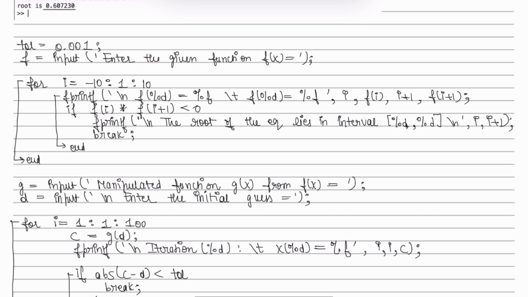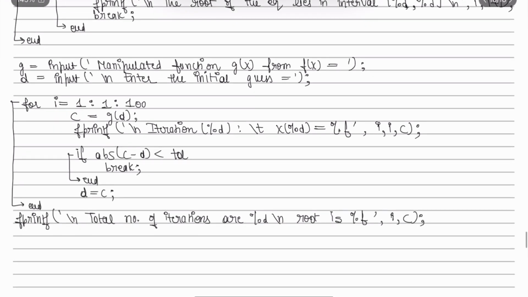So with the help of these lines, we will know the initial interval where the root of the given equation will lie. The next part of the fixed point iteration method is that we have to find the manipulated function g of x and check if that g of x function will work for the iterative process or not.